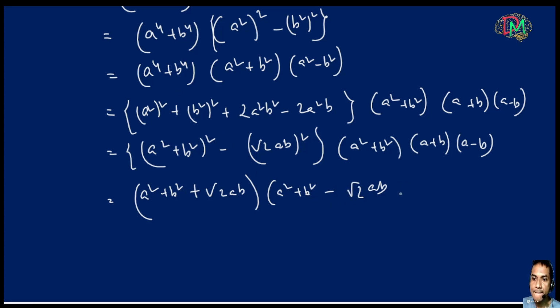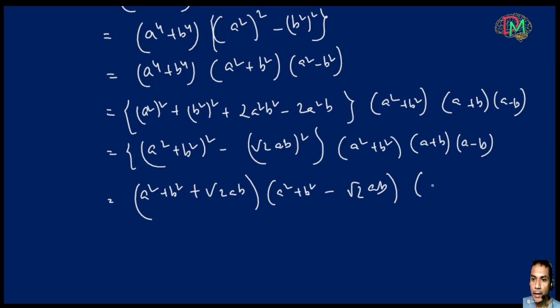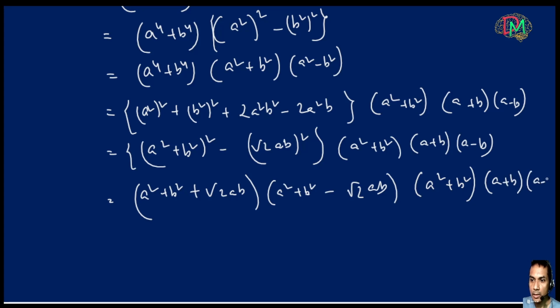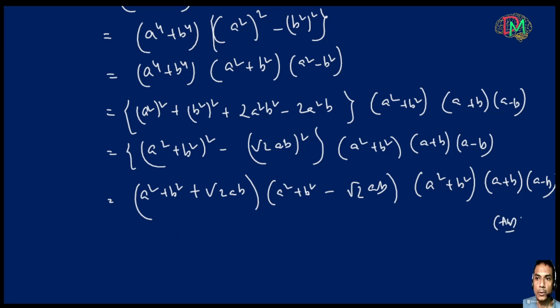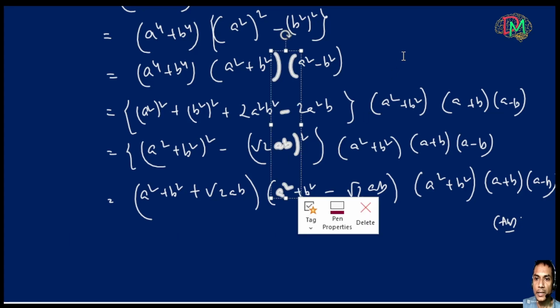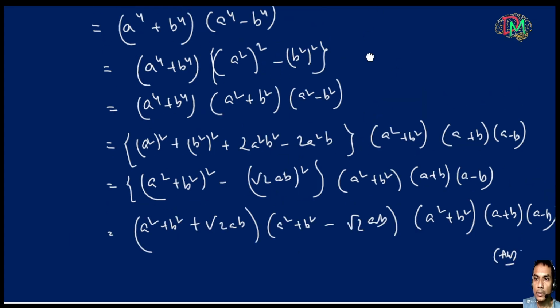And here it is a square plus b square and a plus b into a minus b. Okay, this is the answer. Clear? So we have completed this.